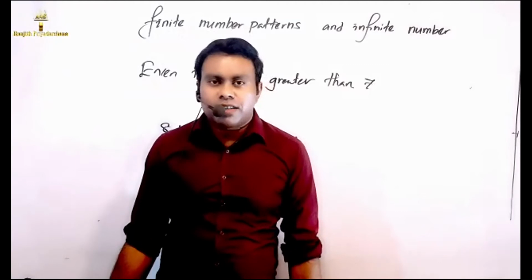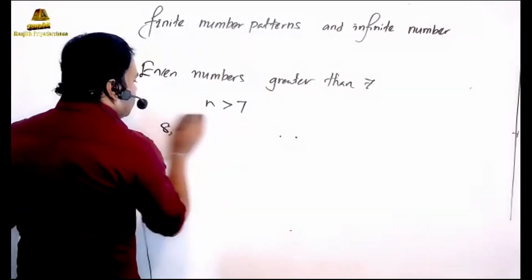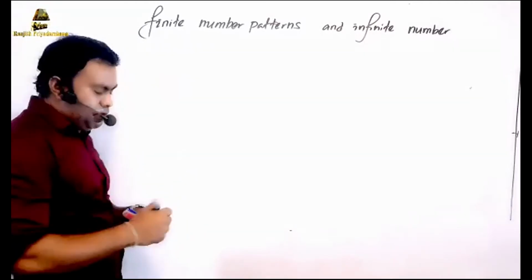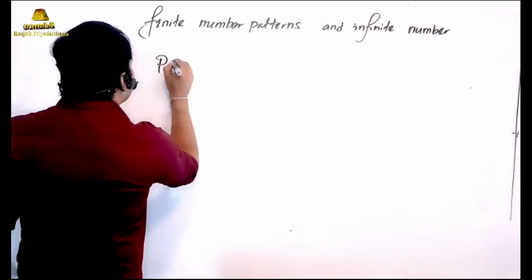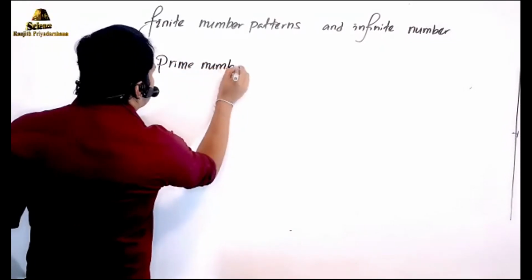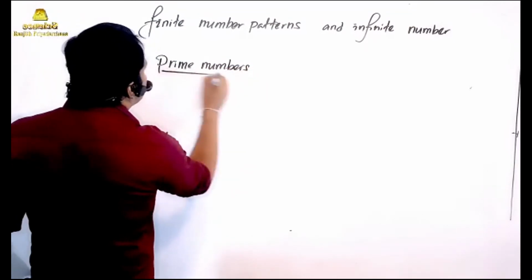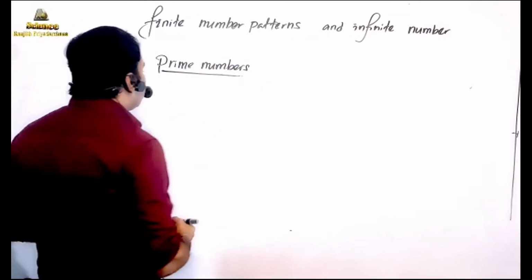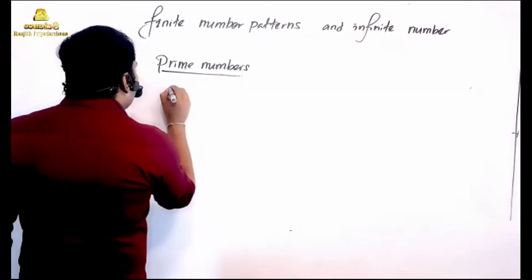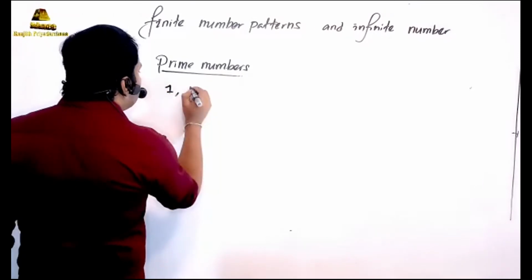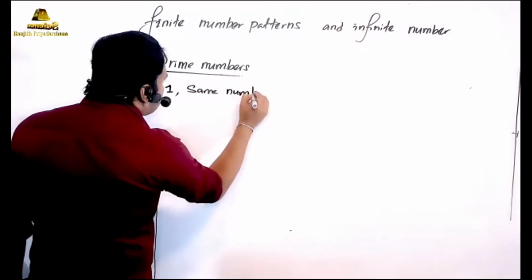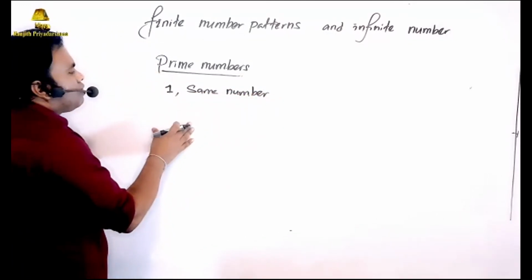Compulsorily, the first factor is 1, and the other is the number itself. In Sinhala, this is called Prathamaka Sankhya. If any number is divisible only by 1 and the same number.